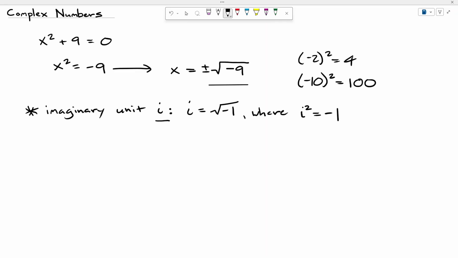And so a complex number specifically is a number in the form a plus bi, where a and b are real numbers, and i, as we just talked about, is the imaginary unit.